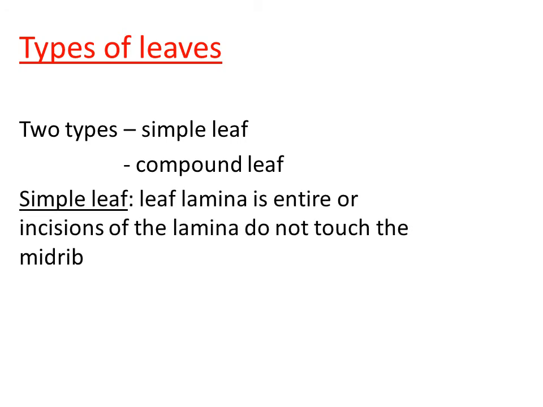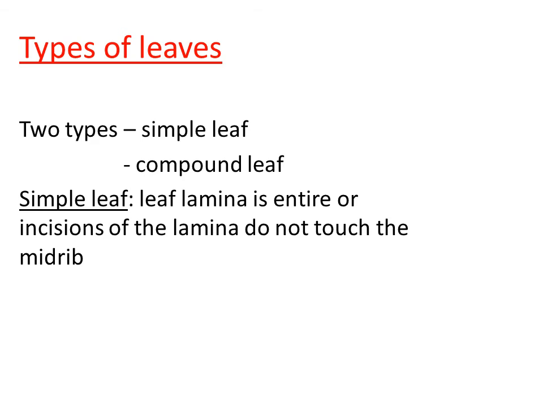A leaf is said to be simple when the leaf lamina is entire or the incisions of the lamina do not touch the midrib. The best example of a simple leaf is the hibiscus leaf. If you take the hibiscus leaf, the leaf lamina is entire, right?